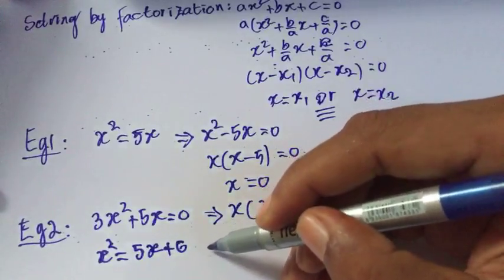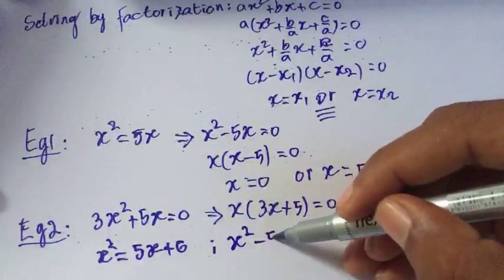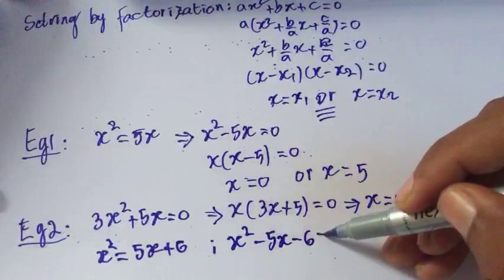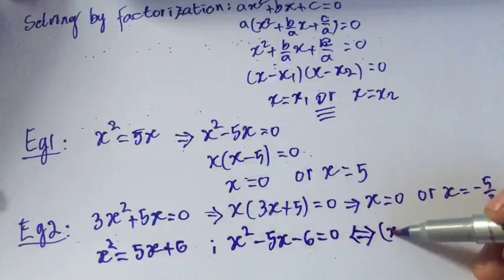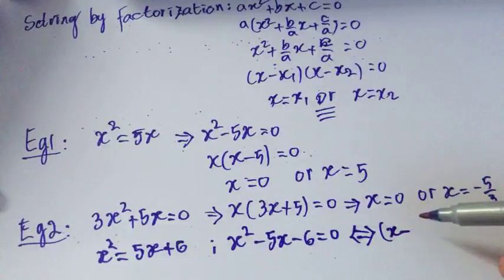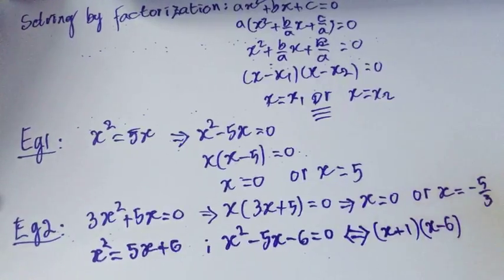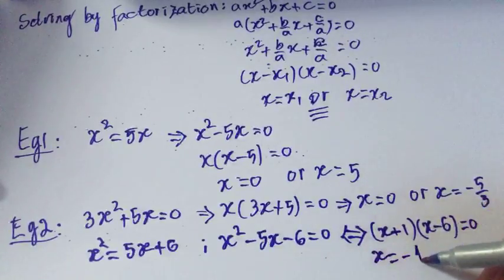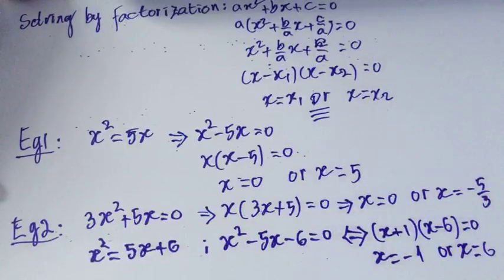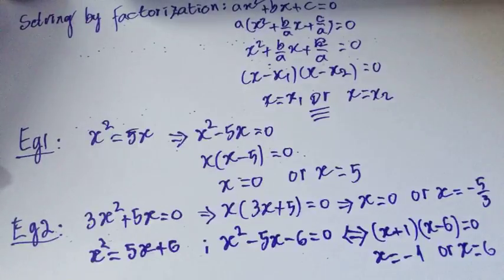First you need to move everything to the left-hand side. That is equivalent to (x plus 1)(x minus 6) equals 0. And then we find x equals minus 1, or x equals 6. So you need to find the roots of the quadratic function.